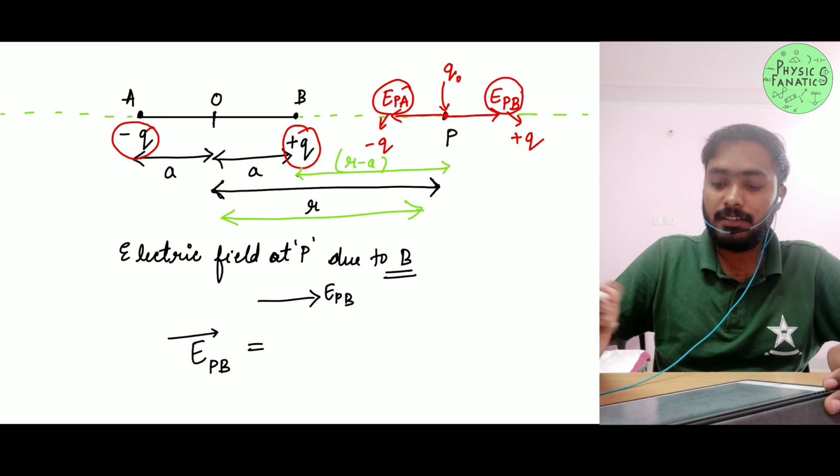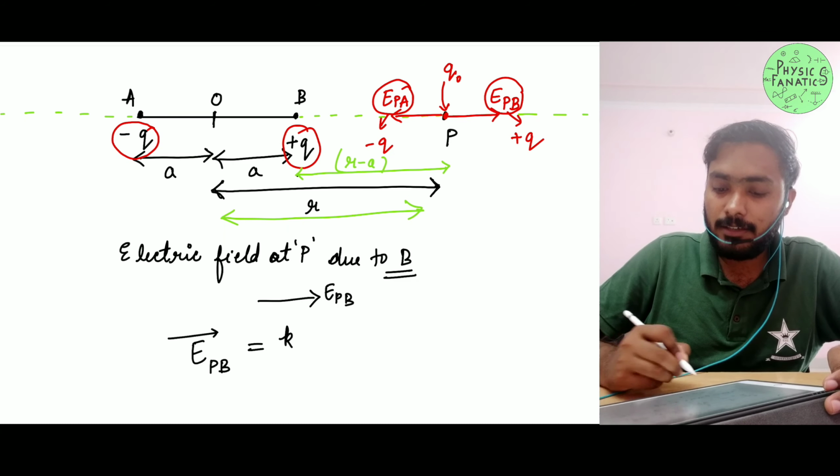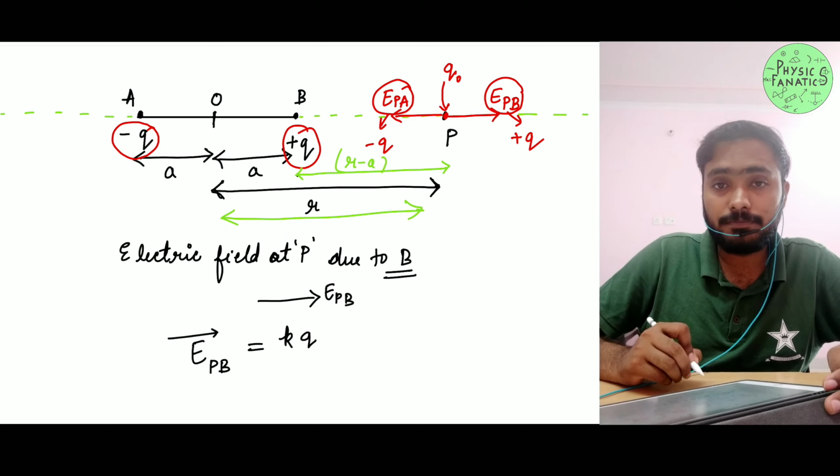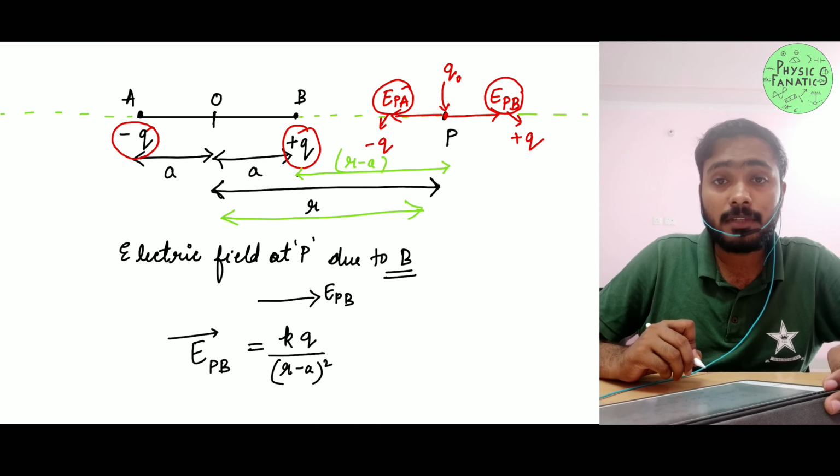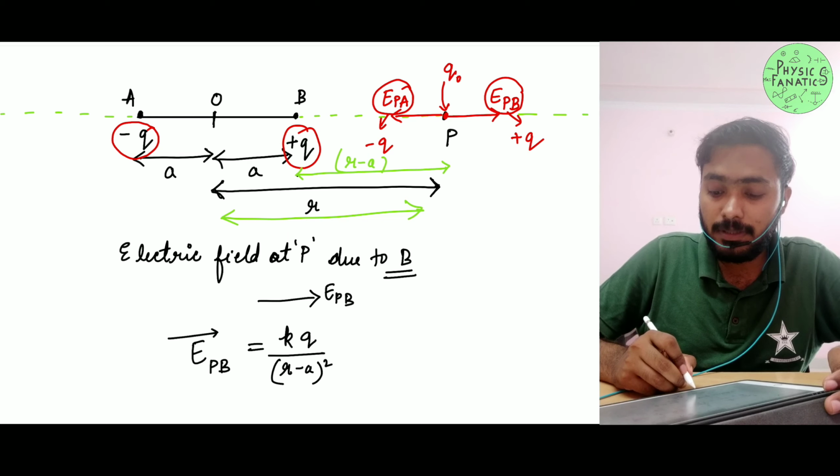So I can write kq divided by (R minus A) whole square. That will be my electric field at P due to B.